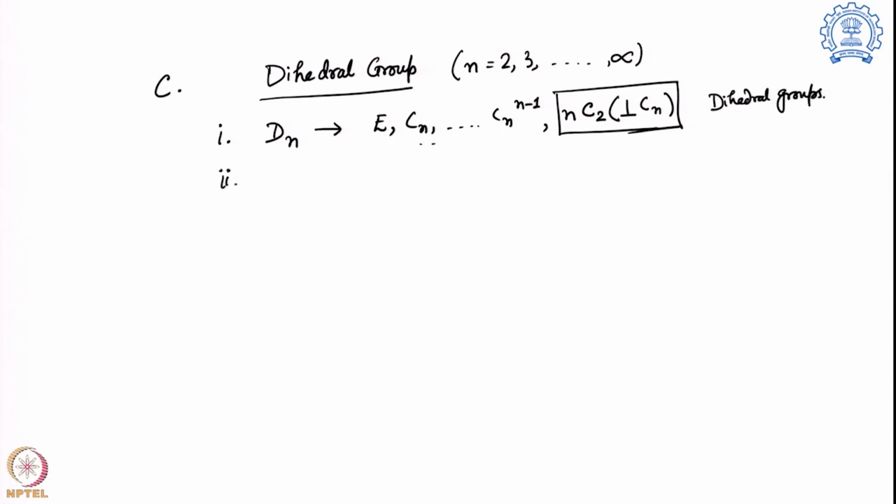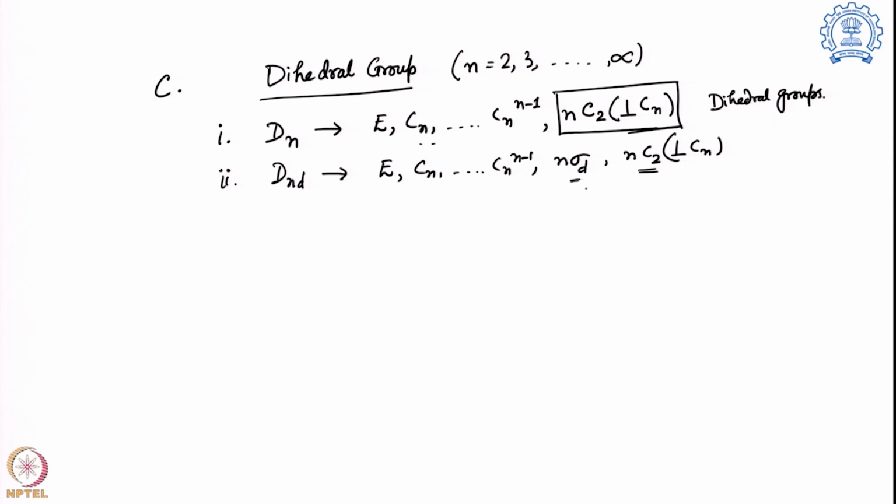Then comes the next point group, Dnd, which is again very similar, with E, Cn, up to Cn^(n-1). We have actually n number of sigma d's also present, and we are calling them sigma d's because we have n number of C2s perpendicular to Cn, and those C2s will be bisecting the sigmas.